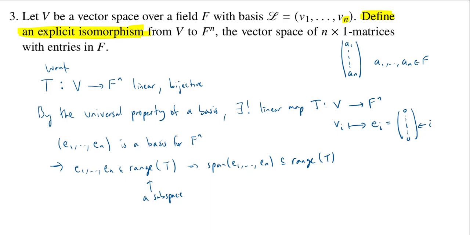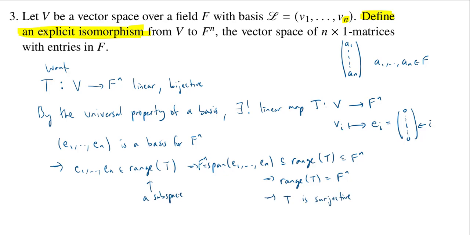Well, E1 through En is a basis of Fn. So the span of E1 through En is Fn. But the range of T, of course, is a subspace of Fn. And so we have Fn on both sides of this chain, and so we can conclude that the range of T is equal to Fn. Well, the range is equal to the codomain. That means T is surjective.